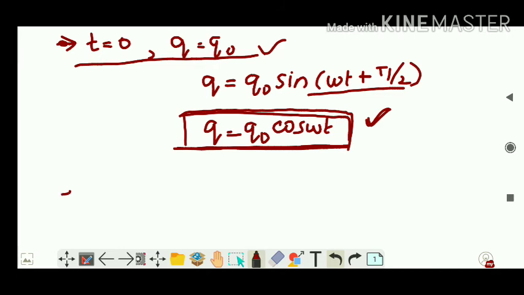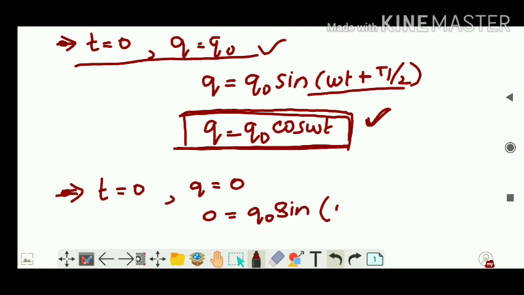Now for another initial condition, if t is equal to 0 and the charge is not in the capacitor, but is totally stored in the inductor, meaning entirely magnetized, then in place of q I have to write 0, so 0 is equal to q naught sine omega into 0, which is 0, plus phi.